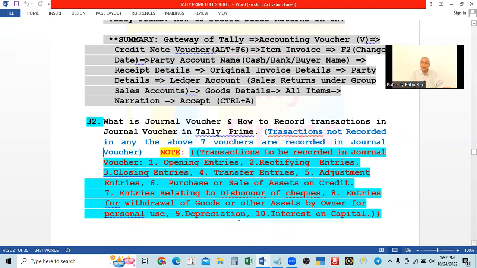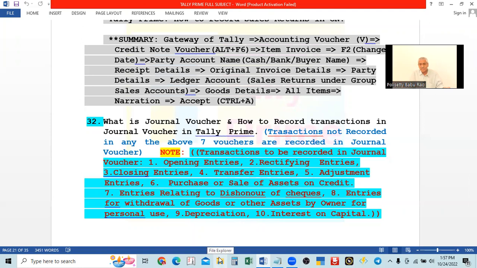Depreciation means that when you are using assets in the business, every year, because of that usage, the value will definitely go down. At the end of the year, we take the value: at the beginning of the year, what is the value, at the end of the year, what is the value, and what is the amount reduced. That is called depreciation. In some cases, asset value will increase, for example in the case of land.